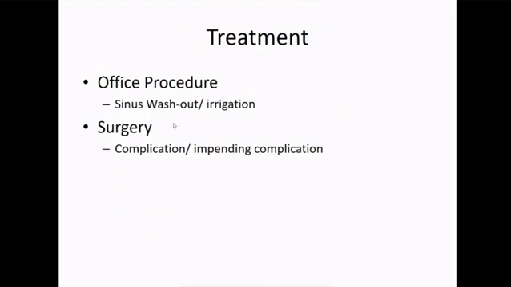So surgery in the acute disease, we only do for acute rhinosinusitis with complication, with orbital or intracranial complication. So in acute rhinosinusitis with complication, we proceed with surgery and antibiotics, medical treatment.